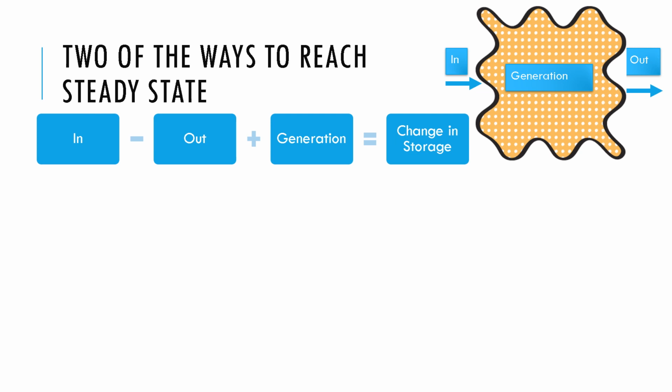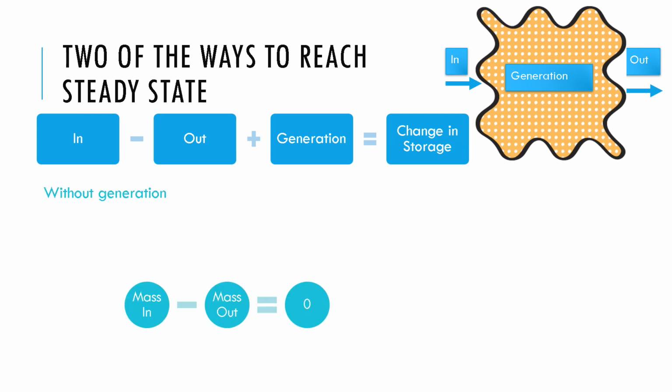Here is the general statement of mass conservation. Now, first we want to consider a situation when there is no generation. So if there is no generation, this term is not there, and the way we can reach steady state, when change in storage is 0, would be something like this. In minus out should be equal to 0.